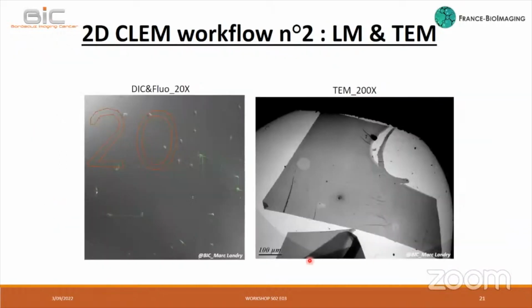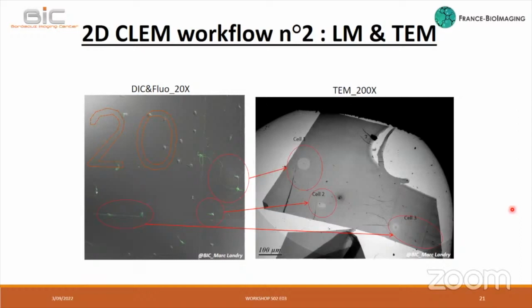As you can see in the result, at low magnification, in the TEM picture, we can correlate with the light microscopy picture. Thanks to the shape of the cells, we are able to localize precisely the cells of interest.